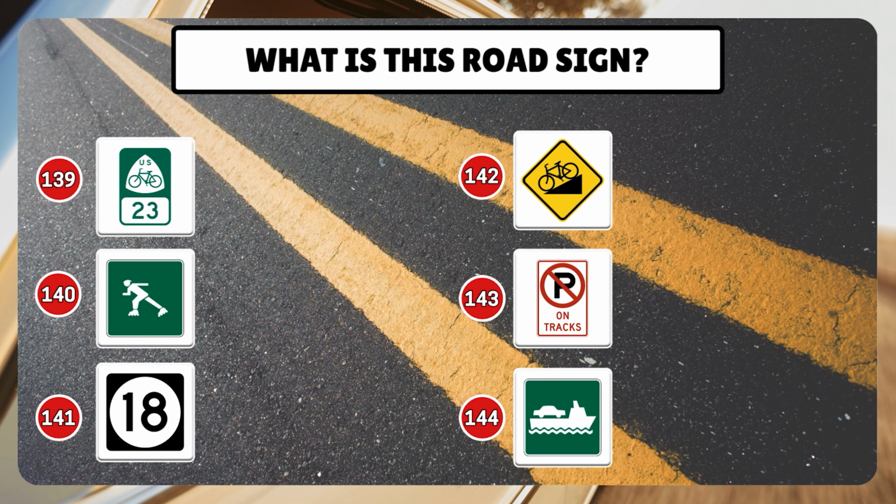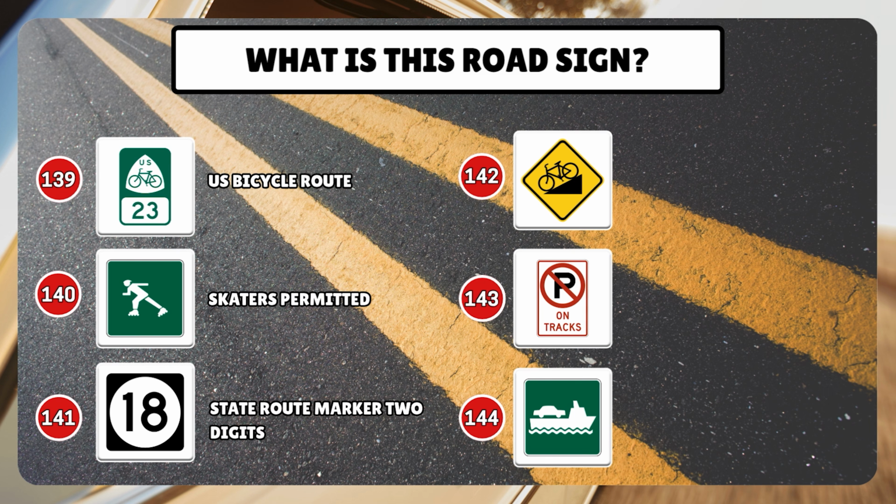Can you identify this road sign? That is a U.S. bicycle route sign. Yes, it is a skater's permitted sign. Excellent. That is a state route marker 2-digit sign.